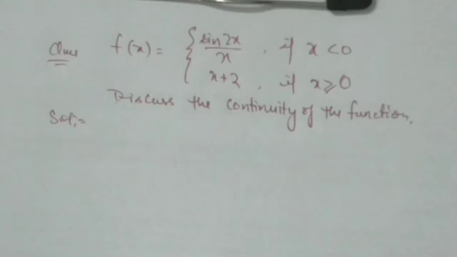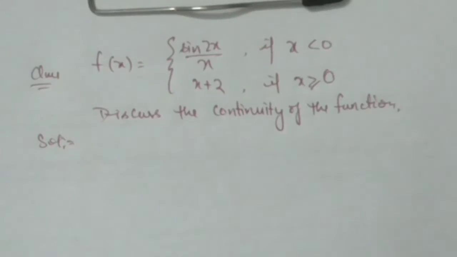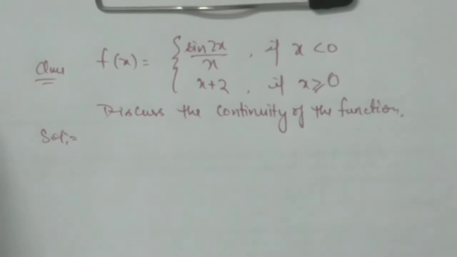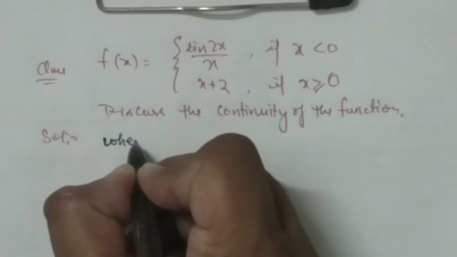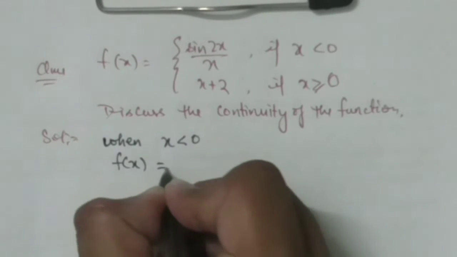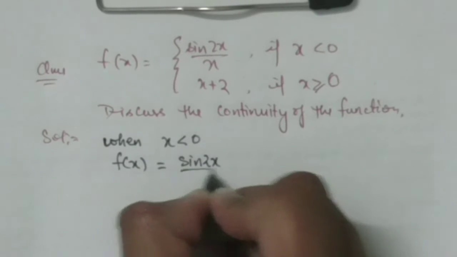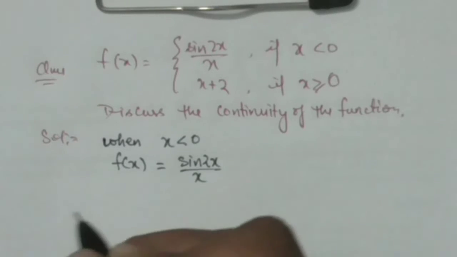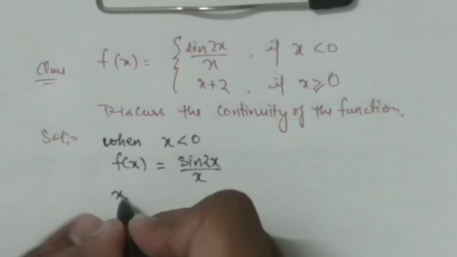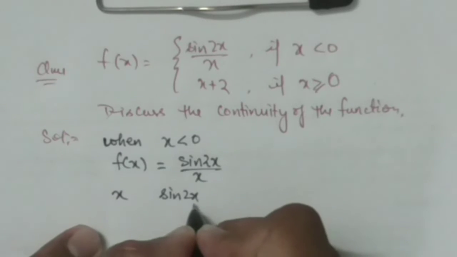So let us see here. According to the definition of this function, when x is less than 0, then f(x) is equal to sine 2x upon x. Now see here, x is everywhere continuous, and sine 2x is also everywhere continuous.